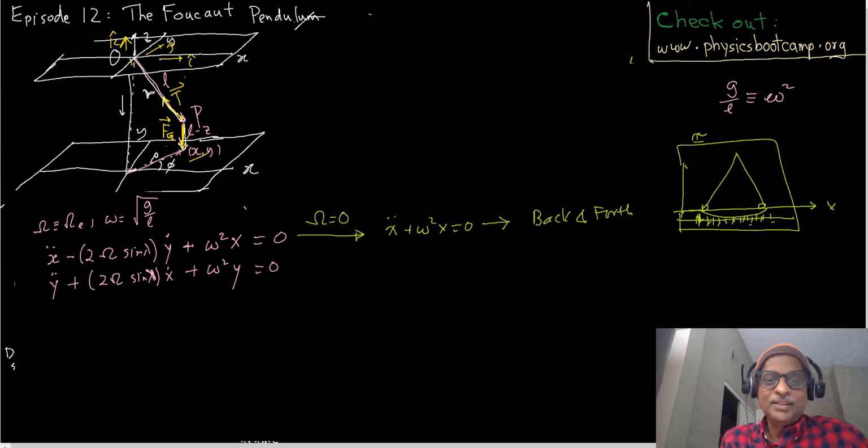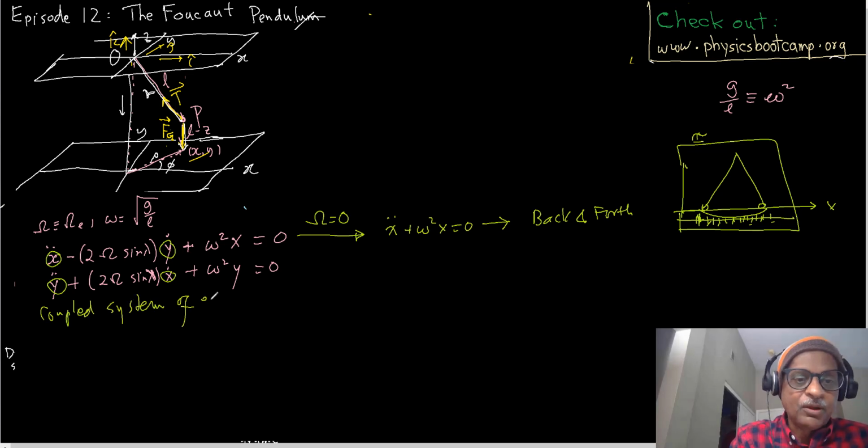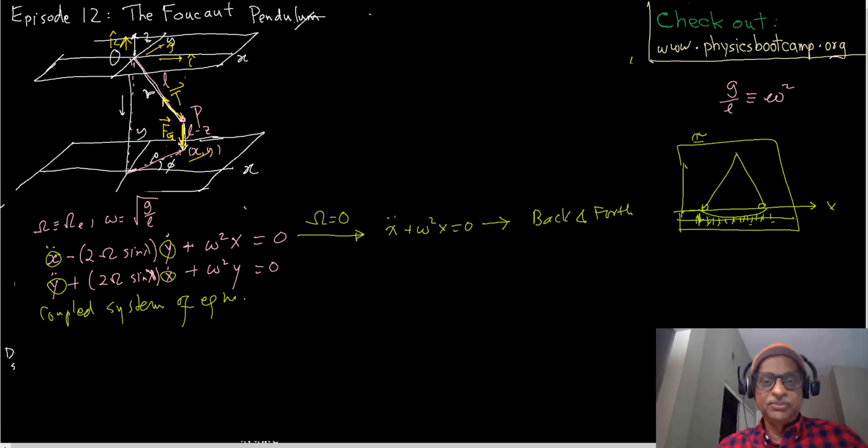That's what this is. So both of these are correct, and the signs are different here, and this makes it coupled. Aside from sign, the x variable depends on the y, and the y variable depends on the x. So we call it a coupled system of equations, and they occur quite frequently in physics.